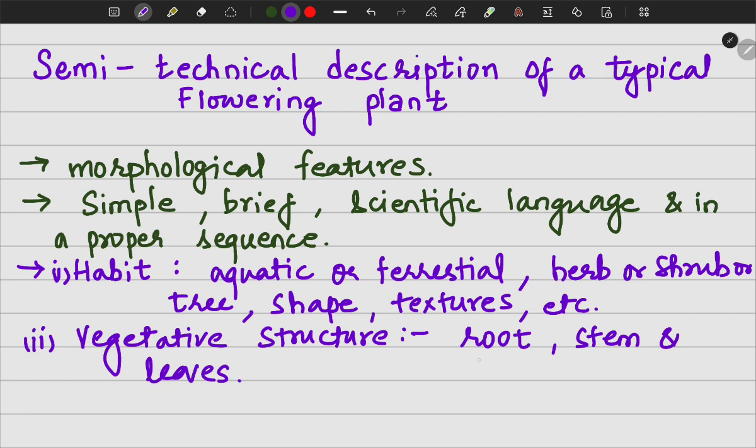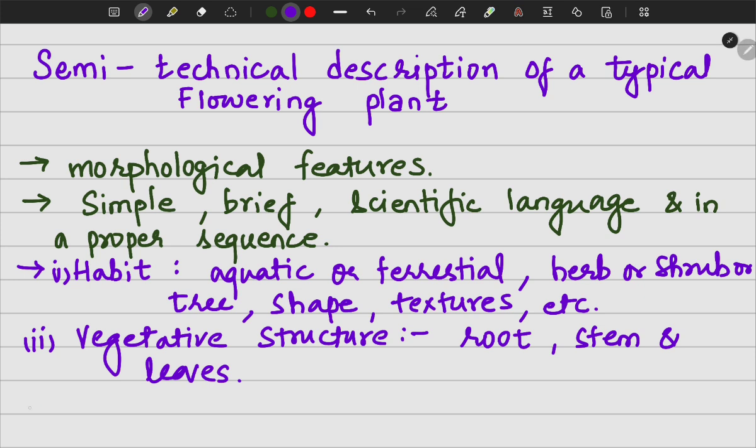So whether the plant has a tap root or adventitious root, or it has a fibrous root, then any kind of modifications present in the root, or any kind of adaptations. Similarly, for the stem of the plant we will describe whether there is any modification or any special characters, any adaptations. Similarly with the leaves: the colors of the leaf, the shape of the lamina, any modifications, adaptations, etc.